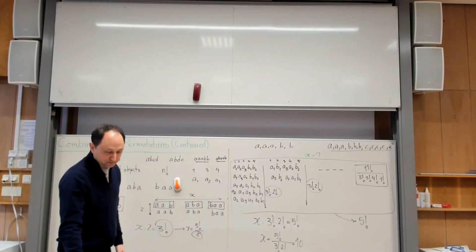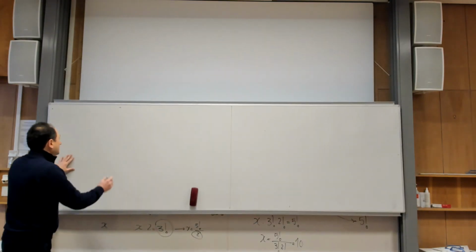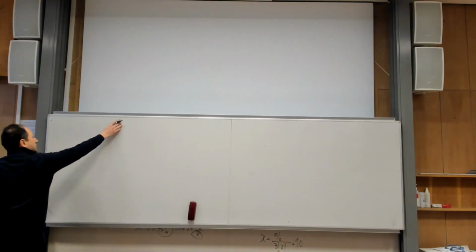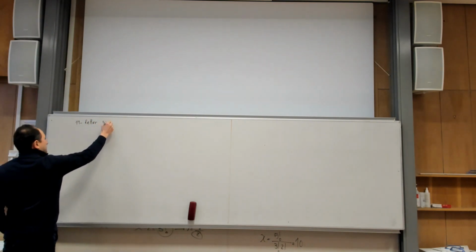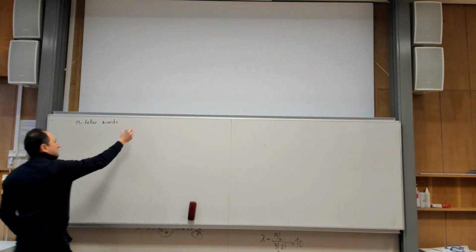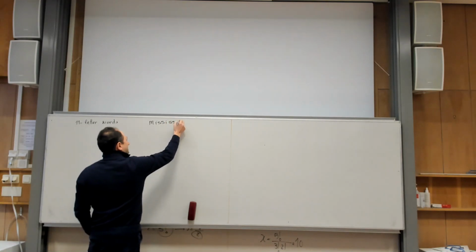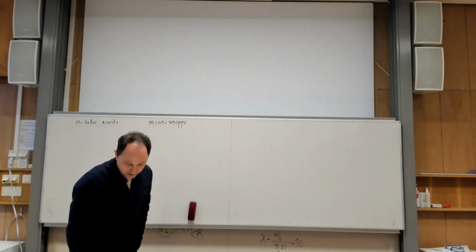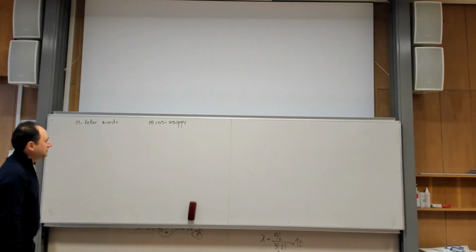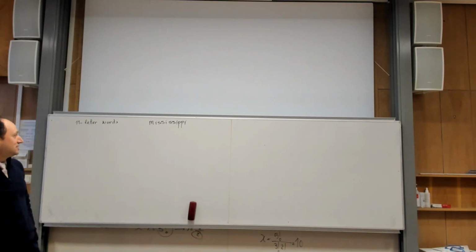So for example, I can write this example for you. How many 11 letter words can one make with the letters in the word Mississippi? I think this spelling is correct. This is a very favorite word in combinatorics, because this is the Mississippi River.